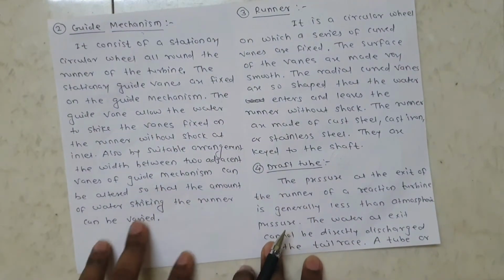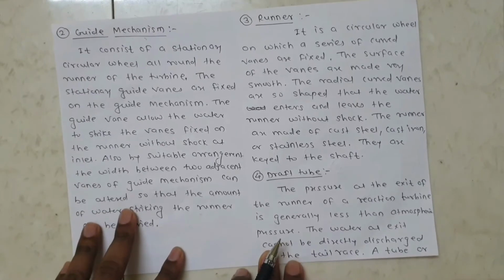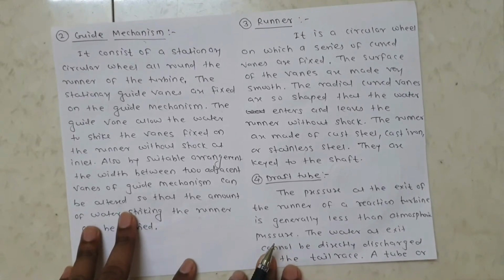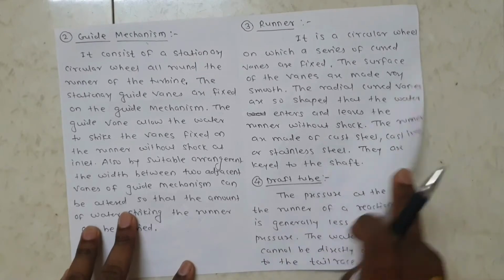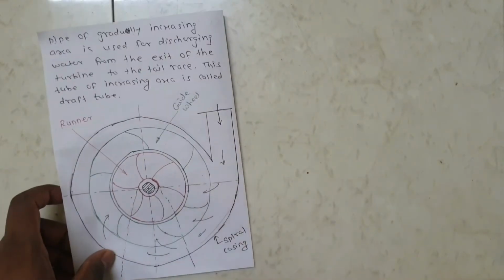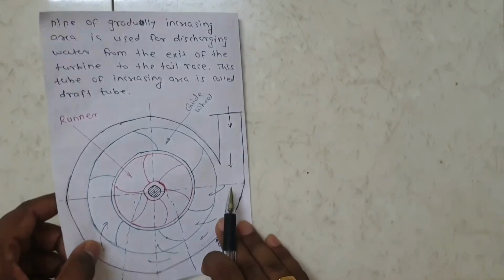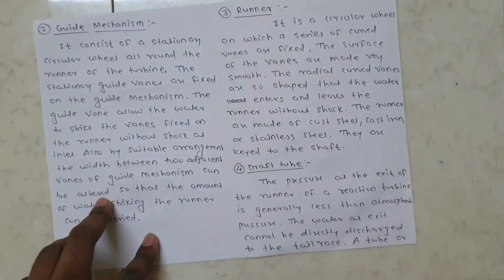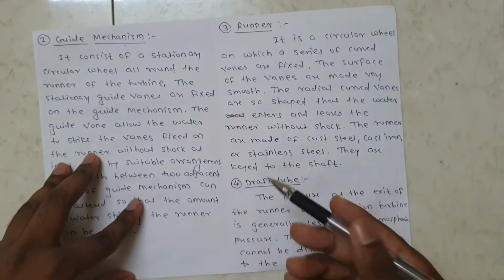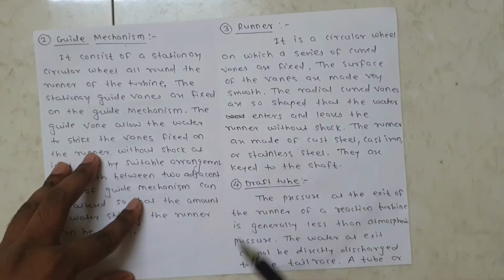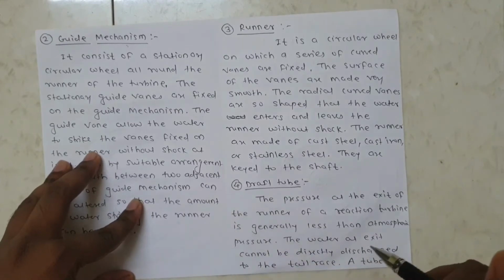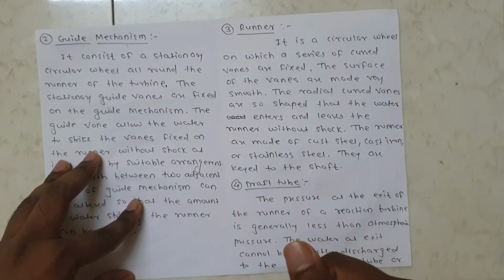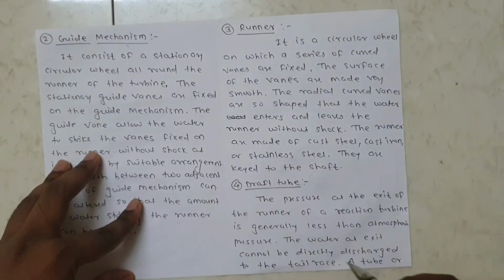The pressure at exit of the runner of a reaction turbine is generally less than atmospheric pressure. So what will happen when the pressure is less than atmospheric pressure? At that point cavitation will take place, or backflow of water may also take place. That's why the draft tube is provided, to create the negative head.